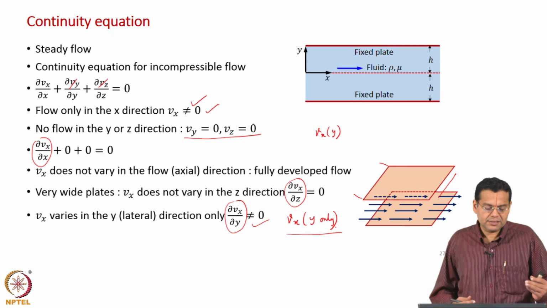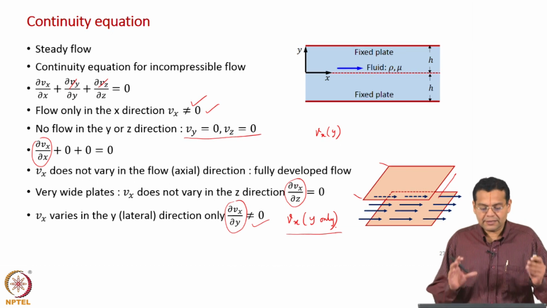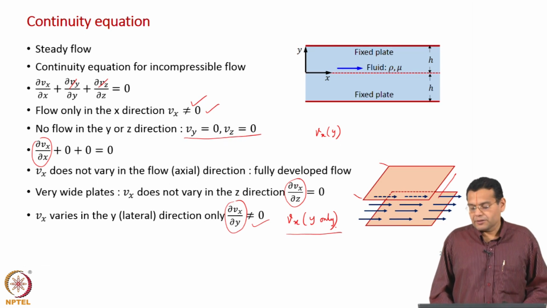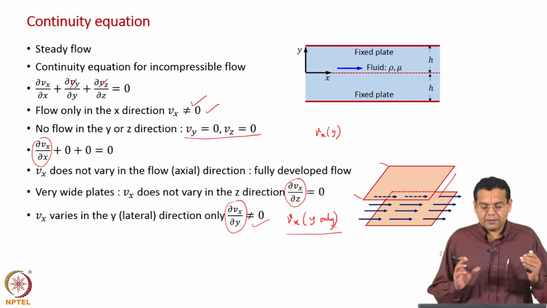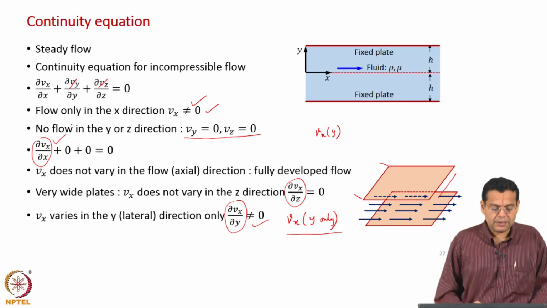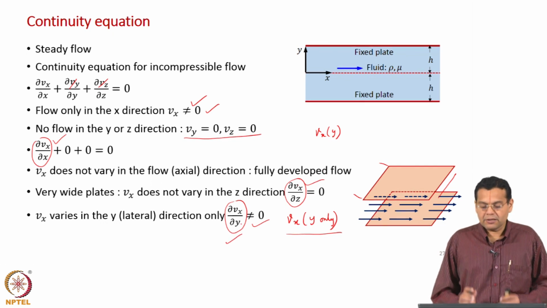If you look at this discussion, this is exactly the same as what we did for the planar Couette flow. There is no change. In fact, the same bullets are taken, in terms of text it is the same, only the figures are changed. In both the cases, the conditions V x not equal to 0, V y 0, V z 0 and dou V x by dou x equal to 0, this assumption and this conclusion, V x as function of y, are all exactly the same.